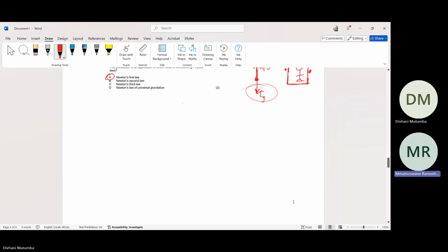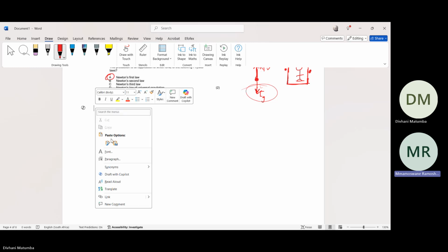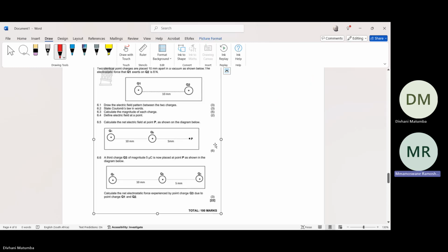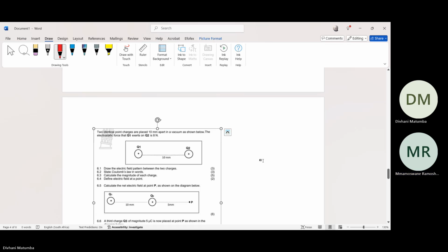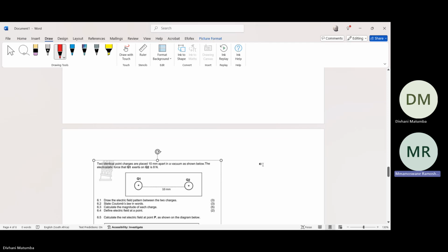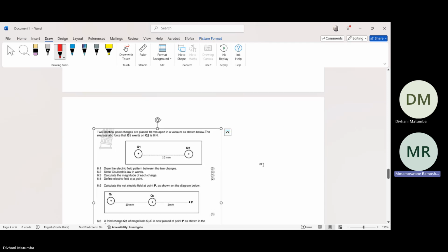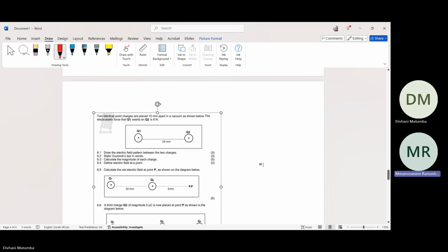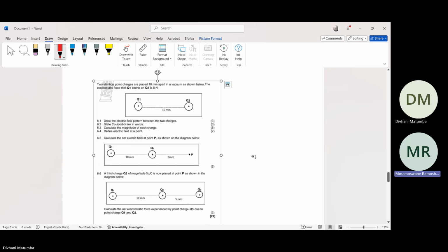There was actually a question we did in class where they only told us the distance between the object and the surface of the earth. That question was tricky for a lot of us because we did not know that we were supposed to add the distance of that object to the radius of the earth.